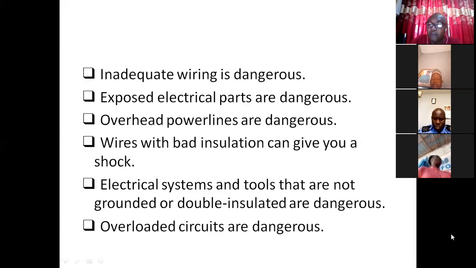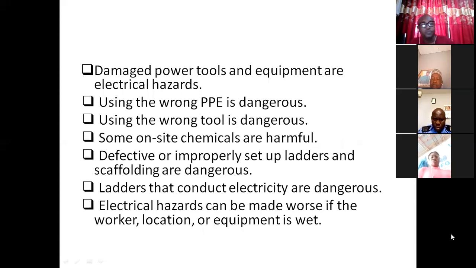They will put the fridge there, put the television, put the stabilizer, put everything on one socket. And you are working, you did not recognize that the man has already overloaded his electrical socket. And the light will trip and it will cause harm to you.